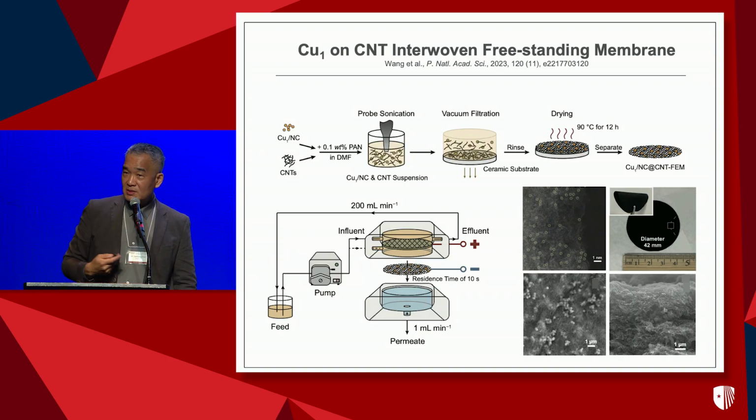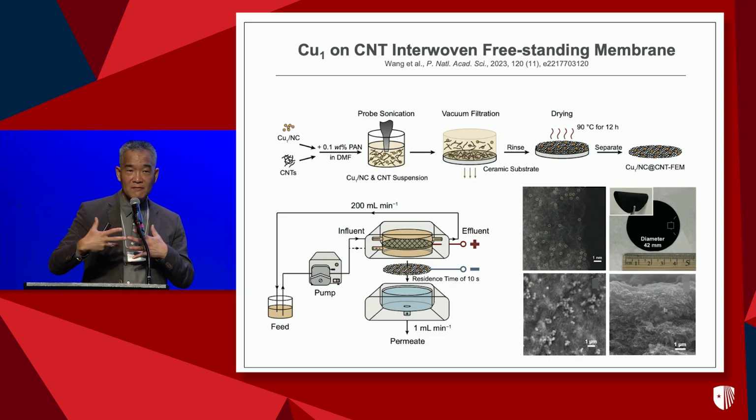Inspired by that, I keep talking about the oxidation side, but there is a lot of reduction chemistry that we need. This is another example. Now we are using carbon nanotube as a matrix. We are loading copper as a single atom catalyst. The concept is the same.